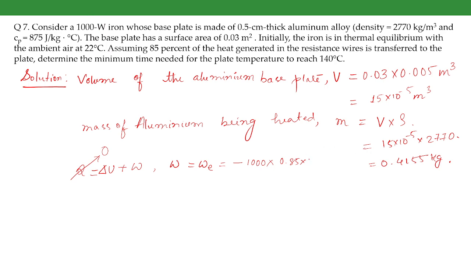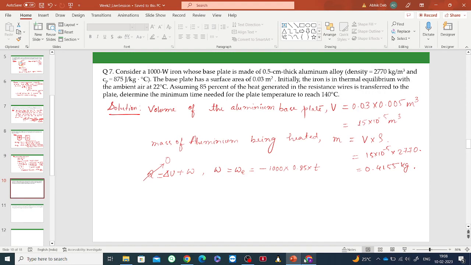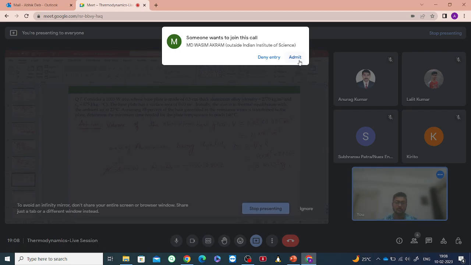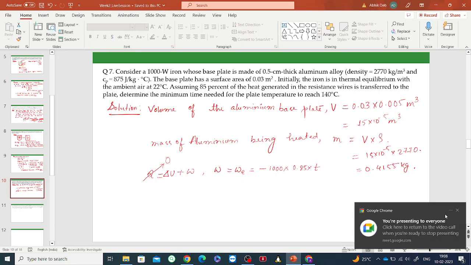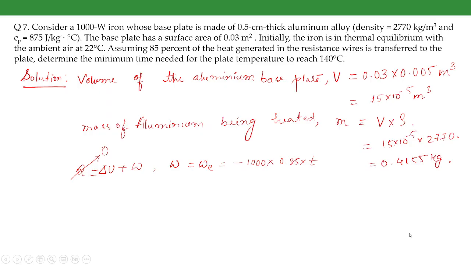If we multiply it with the time of heating, we will get the total energy as the work input being supplied into the system. So the change in the internal energy will be equal to minus W, that is equal to minus of 1000 into 0.85 into T.